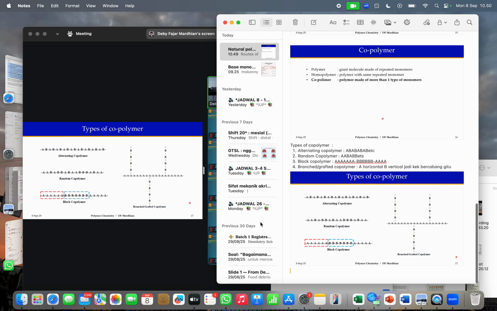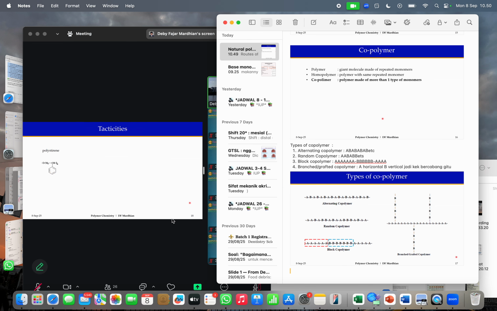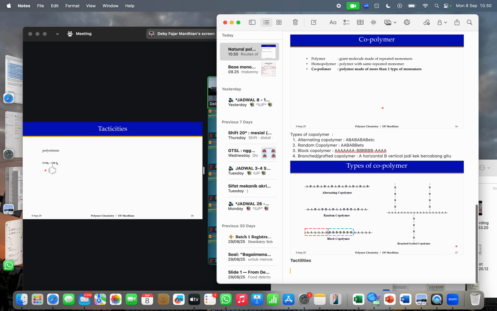And the next characteristic of polymer is called tacticity. Let's say we have some polystyrene here: polyethylene with a benzene ring here. Sorry, a benzene ring, not phenol.